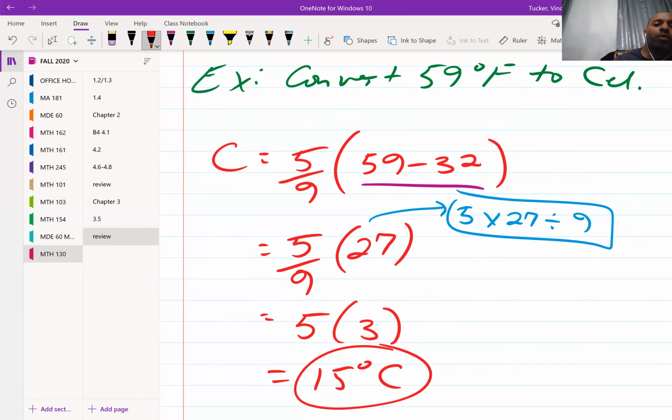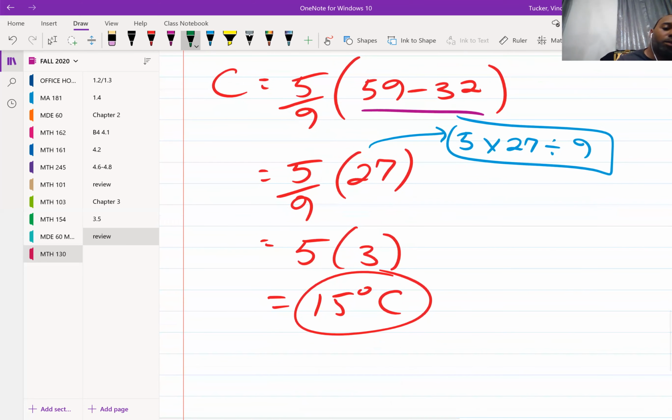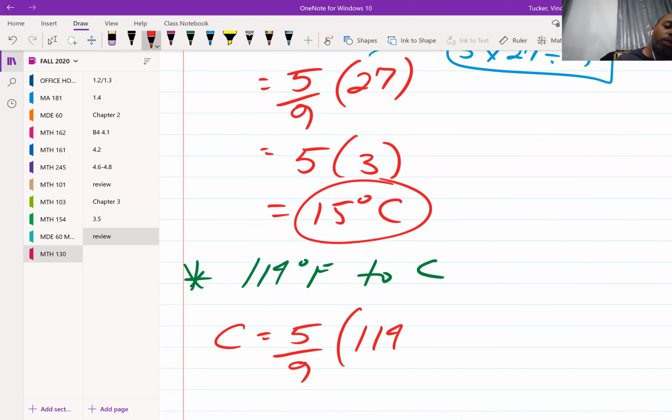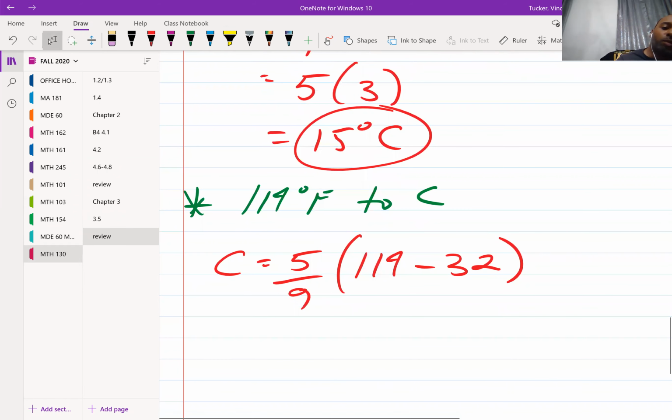All right, any problems before we look at one more? So let's go from 114 degrees Fahrenheit to Celsius. So that's 5/9 times 114 minus 32. Once again, do what's in the parentheses first.